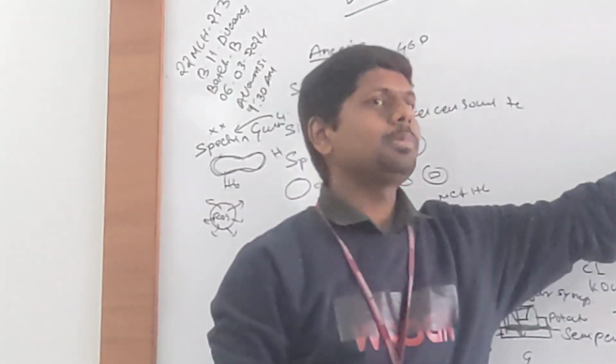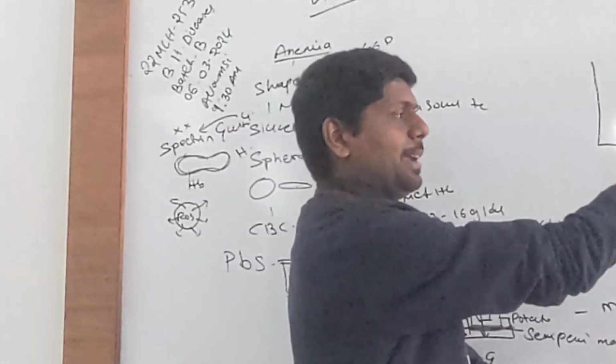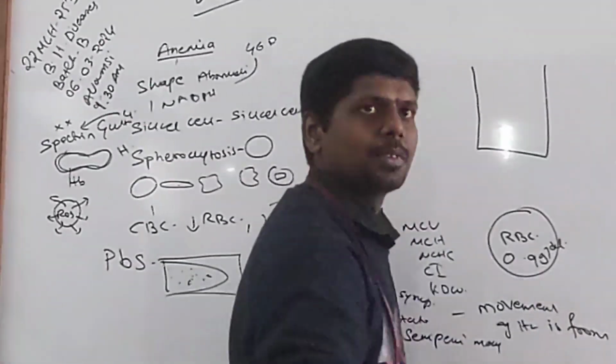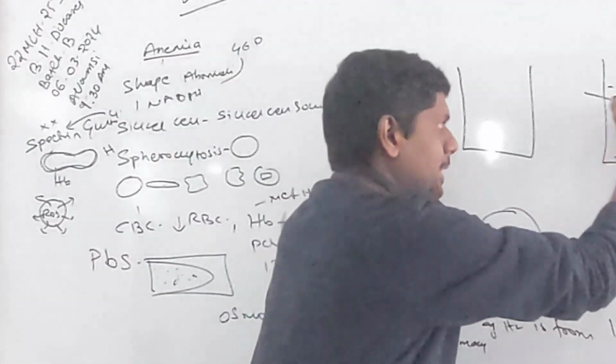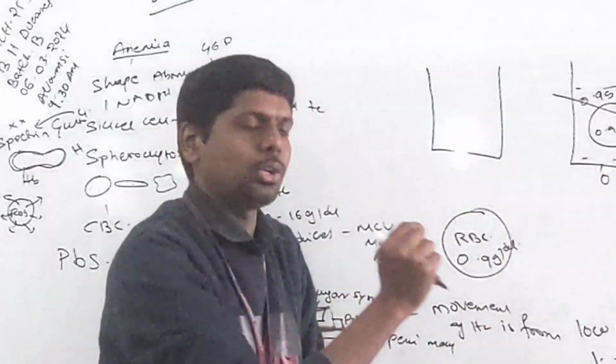Water has 0.9 grams of sodium and RBC has 0.9. So here the net gradient is 0. The net osmotic gradient is 0. This is called an isotonic solution.